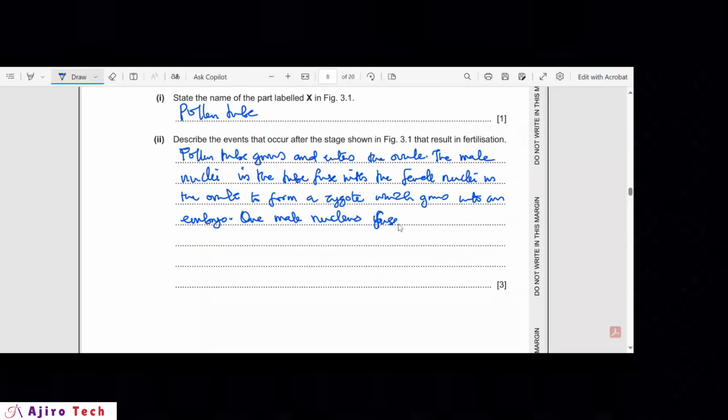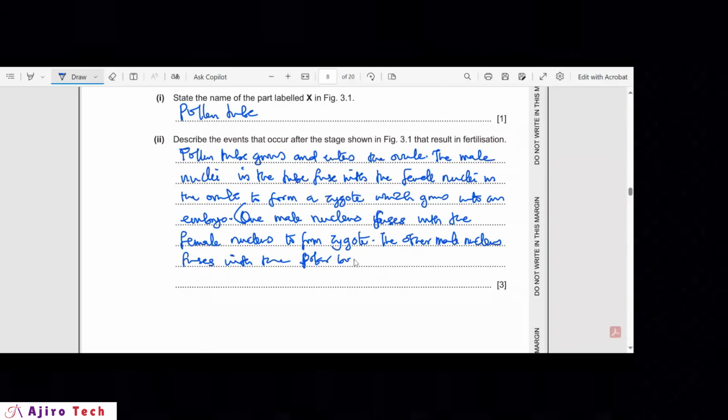So actually, one male nucleus fuses with the female nucleus to form the zygote. The other male nucleus fuses with the polar body to form an endosperm.